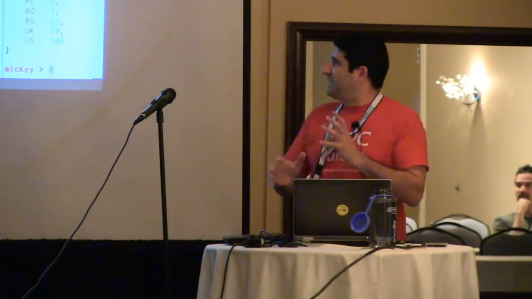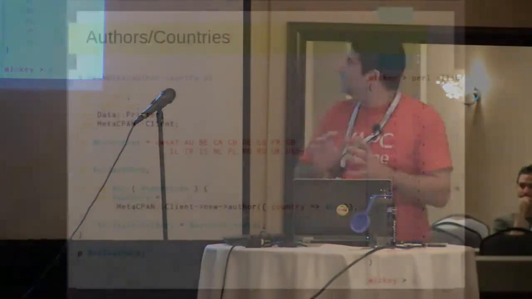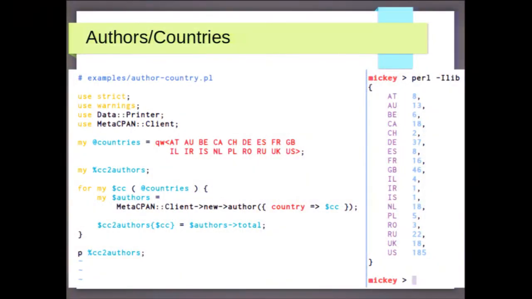If we take the same example into a bit more complicated requirement, we want to see, for example, how many authors we have per country, then we can do this query on authors, but not by name or PAUSE ID. We can do it by, for example, the country term. Just selected a couple of them.